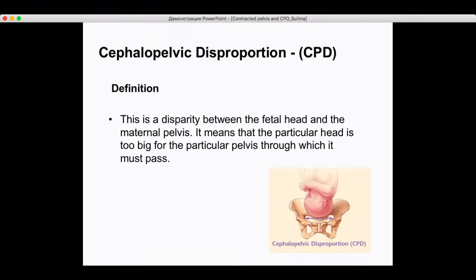Cephalopelvic disproportion is a pathological obstetrical situation which can occur only during labor. Please remember, it can occur only during the process of labor.